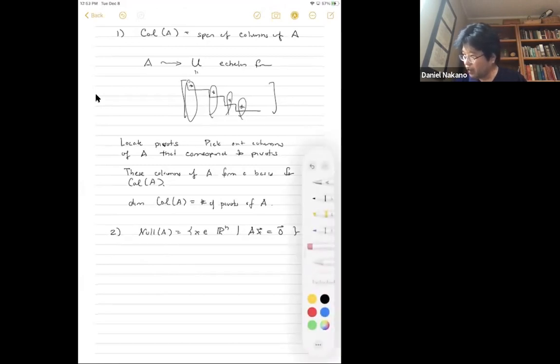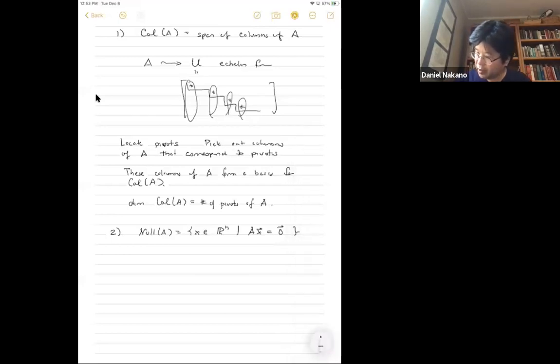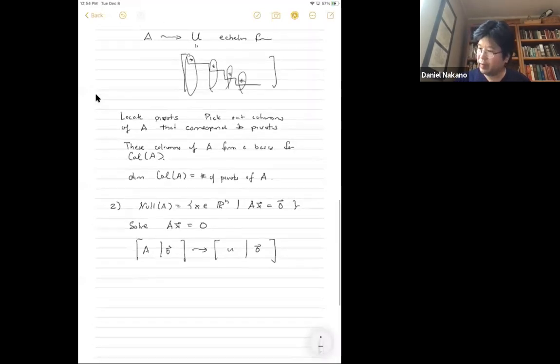So basically you solve the homogeneous system. What are we doing? We're taking A and putting the 0 vector here, and we transform this into U with the 0 vector over here, right?